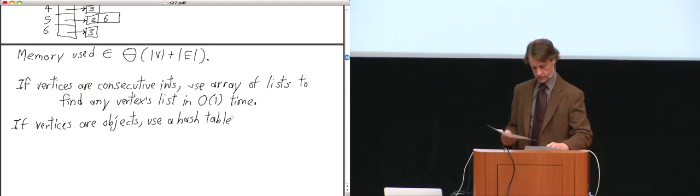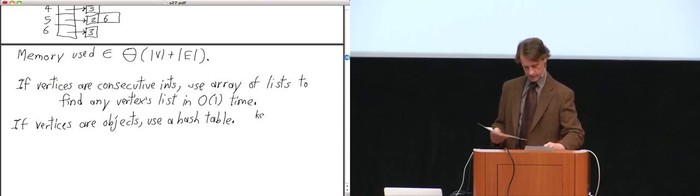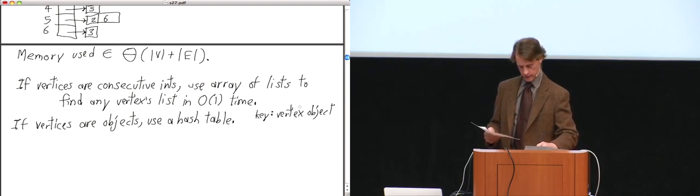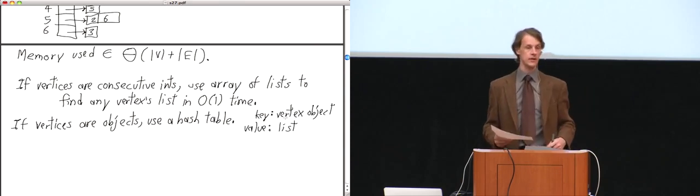And so when you use the hash table, the key is the vertex object, and the associated value stored in the hash table is the actual list in which you store its neighbors in the graph.